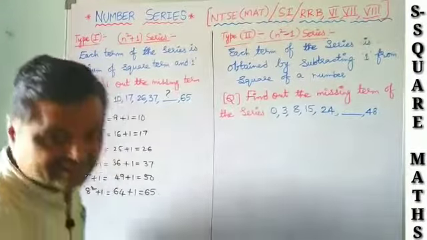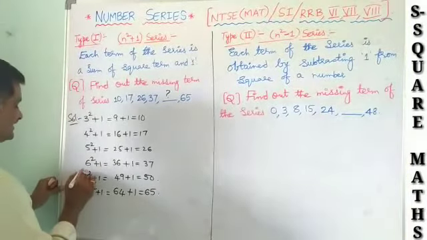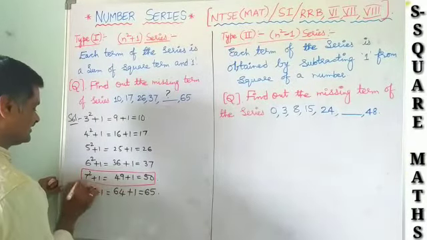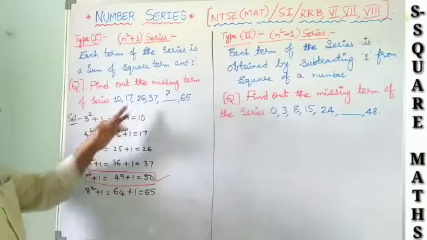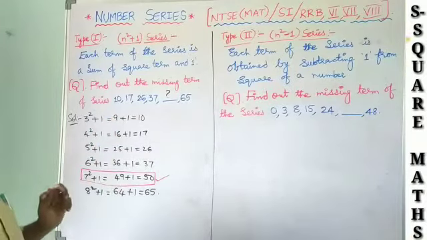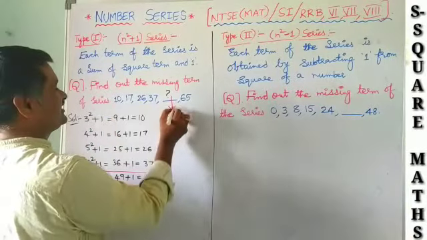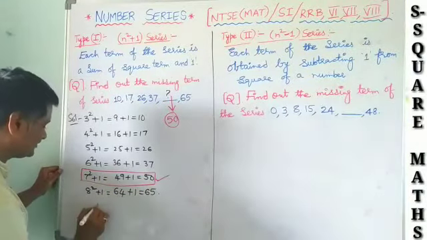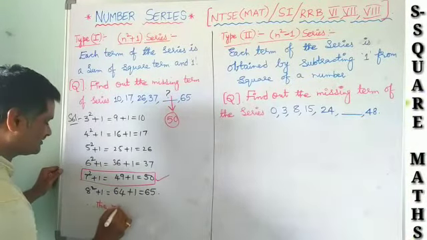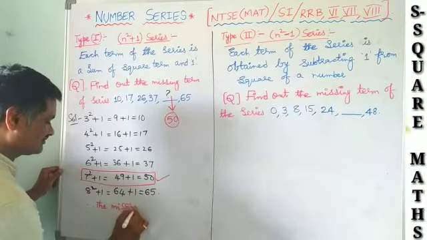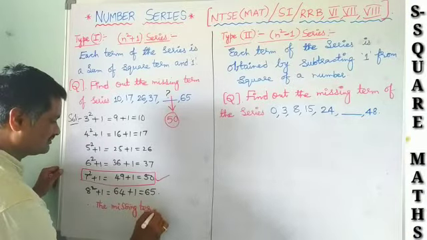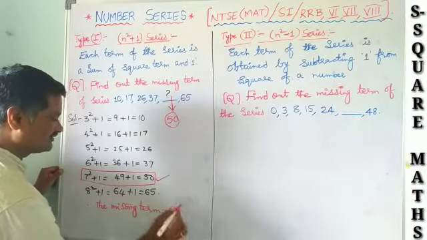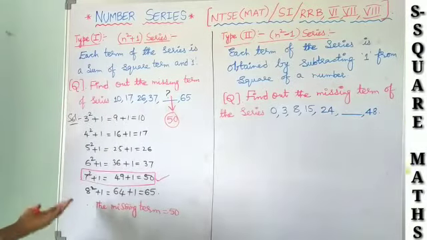Hence, by this pattern, what is our answer? We got 50 for 7 square plus 1. Therefore, the missing term is equal to 50. In this way we can overcome this problem.